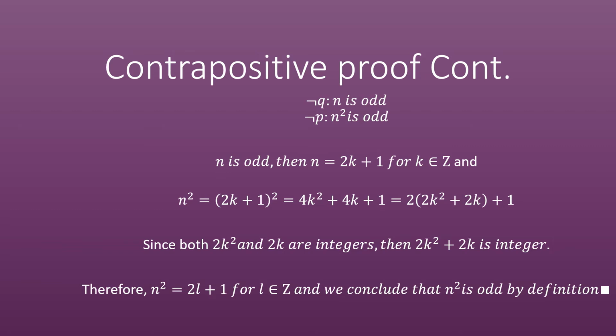And we can factor out a 2, and we get 2 times (2k squared plus 2k) plus 1.